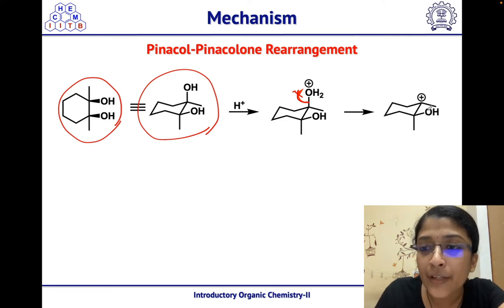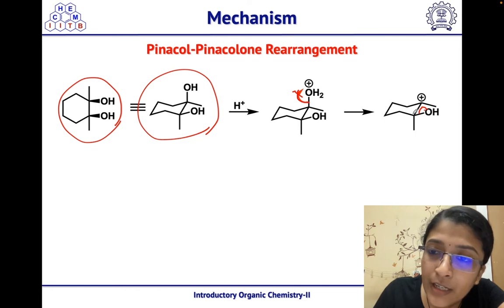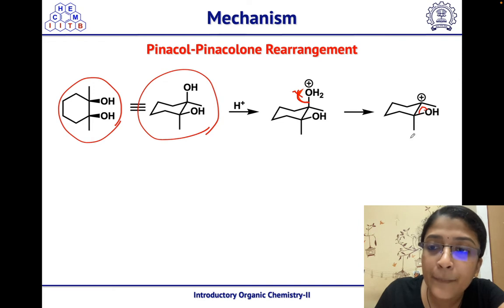Now what will happen? This oxygen will fall down and this methyl group will migrate. This methyl group will migrate because the sigma star of this methyl group can interact with the empty lobes of this carbocation, and that is the reason why this methyl group is migrating and not this carbon-carbon bond.